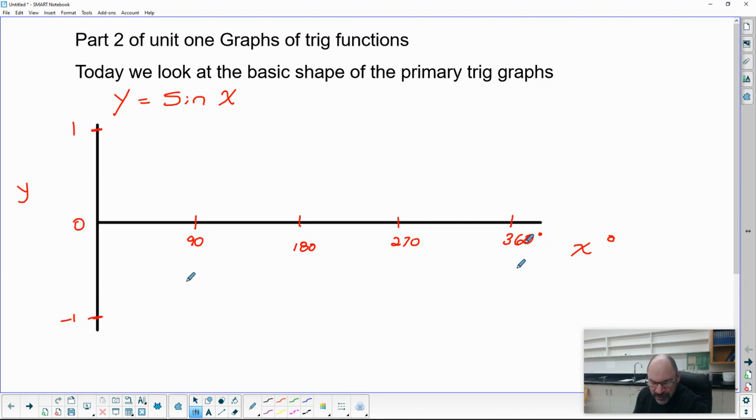Okay, so at 0 degrees, sine, which is the y value on the unit circle, doesn't have anything to do with this y. This is just y and x on a graph. That value is 0 at 0 degrees. We go up to 90 degrees, y is 1.